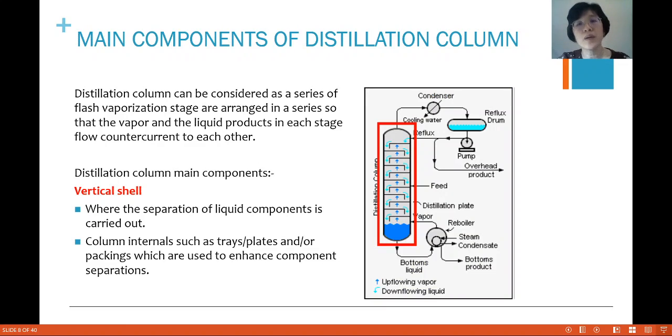For the main components of a distillation column, one of the major ones would be a vertical shell, where the separation of liquid components is carried out, and the column internals are normally located here. It can be trays, plates, or even packing to enhance the component separation.